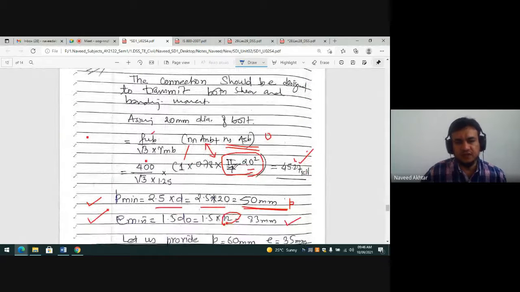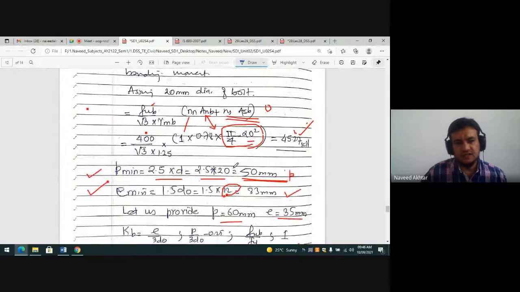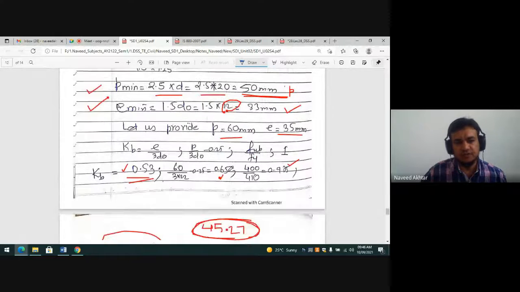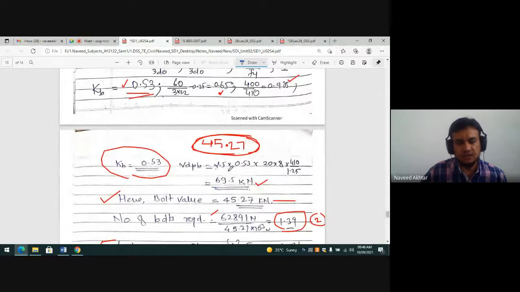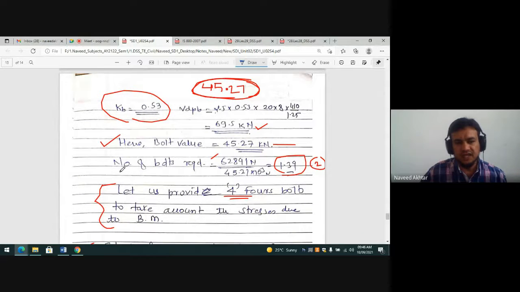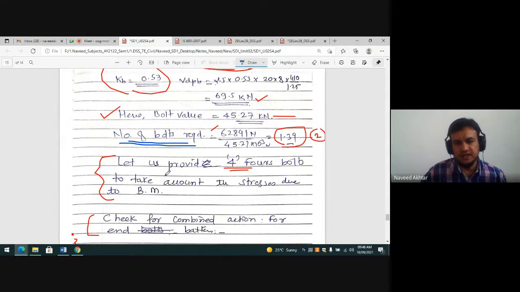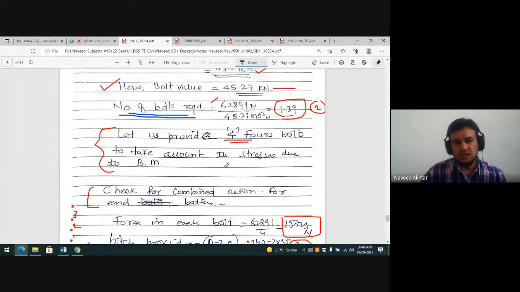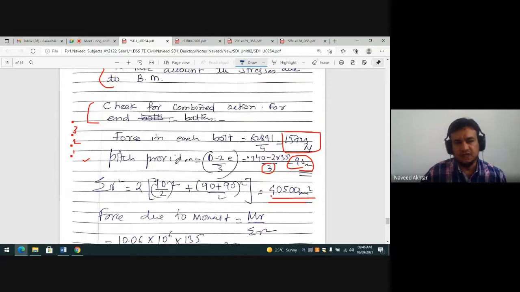Then you have to design for the connection, that is FCD, FUB. You have to find out VDSB and VDPB, and the minimum of VDSB and VDPB is nothing but the bolt value. You have to find out the number of bolts, and let us provide four bolts. Take up the shear strength and the bending moment, and check for combined action.